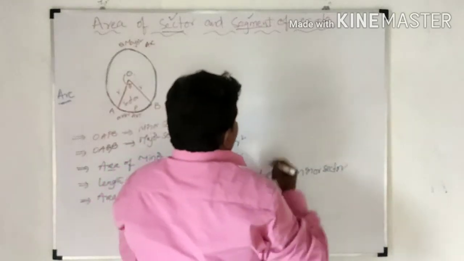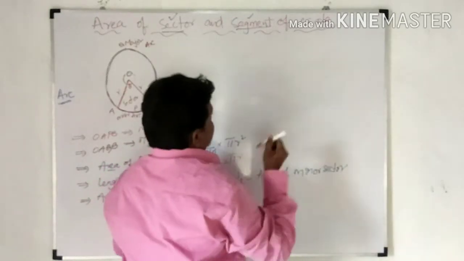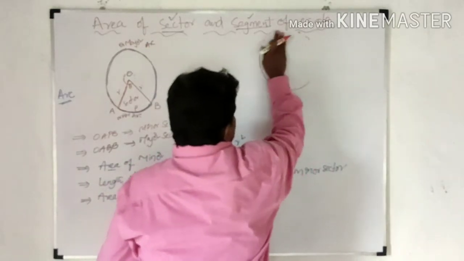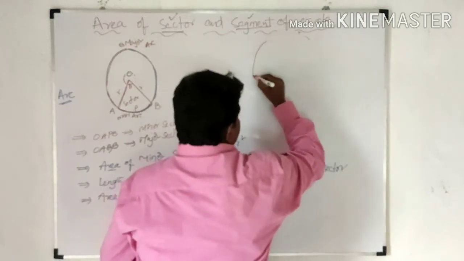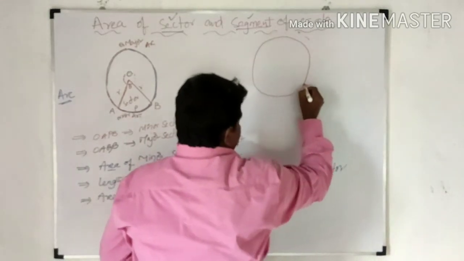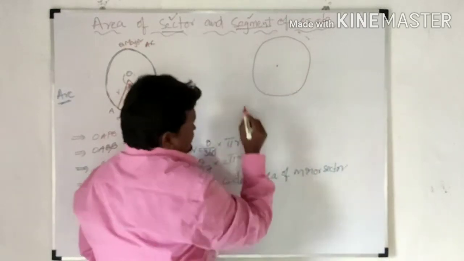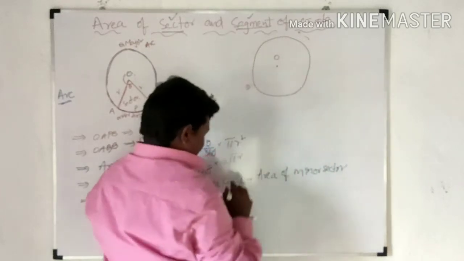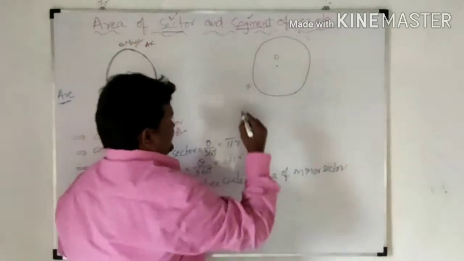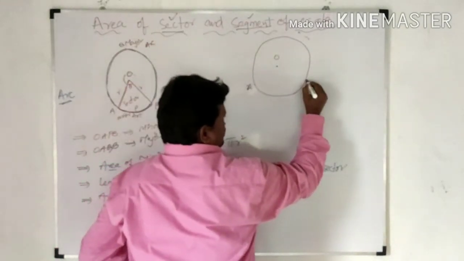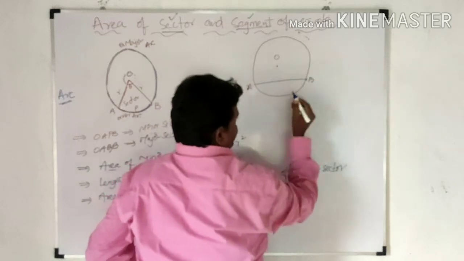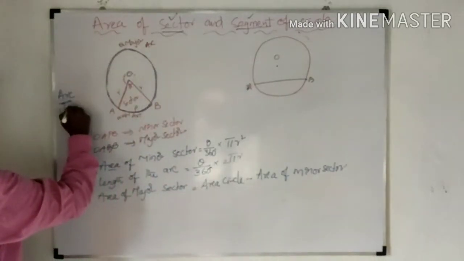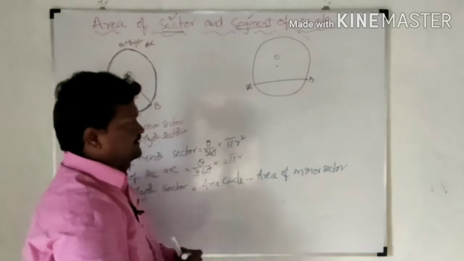See here, this is a circle with center O. I am taking 2 points on the circle, one is A and another point is B. After joining A and B, this line segment AB is called a chord.